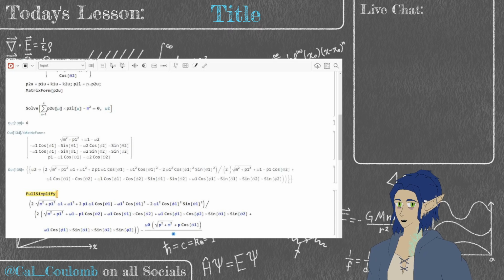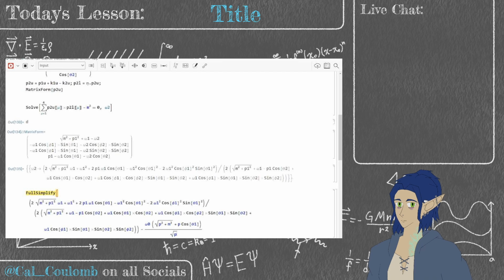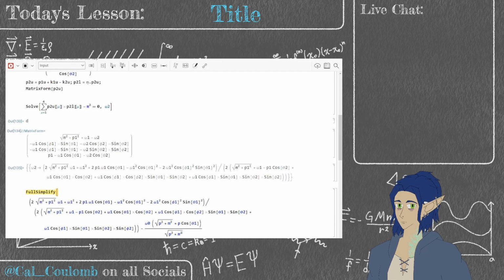And then in the denominator of this fraction, we have, again, the energy of the electron, the square root of p squared plus m squared, and now we have minus the momentum times the cosine of the outgoing angle, so theta 2.